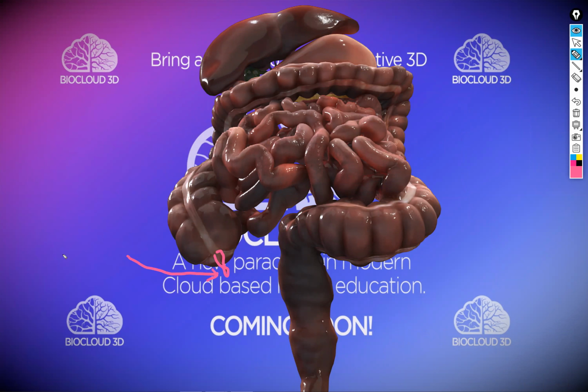So it's called the appendix, you'll also see it called the vermiform appendix. Vermiform just means worm-like. So verm is the Latin root for worm. So vermiform just means it's worm-shaped. And if you look at it, it really is. It's just like a little worm-shaped blind-ended pouch that hangs off the cecum, which is here again.